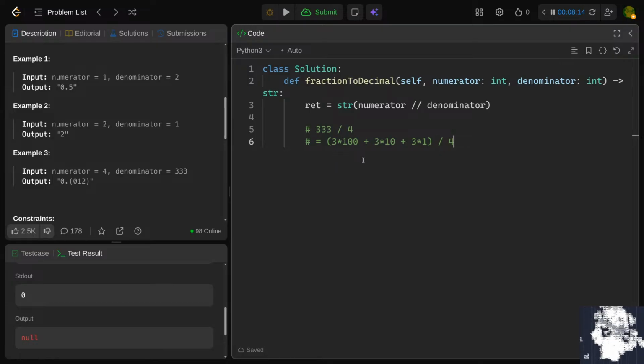If I distribute the division, then I end up with 3 over 4 times 100 plus 3 over 4 times 10 plus 3 over 4 times 1.